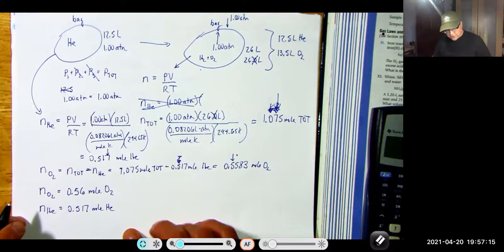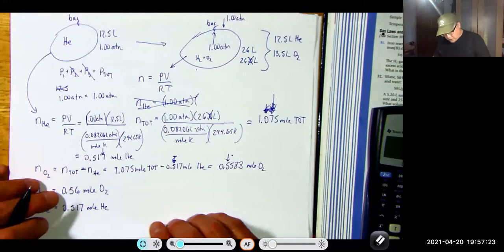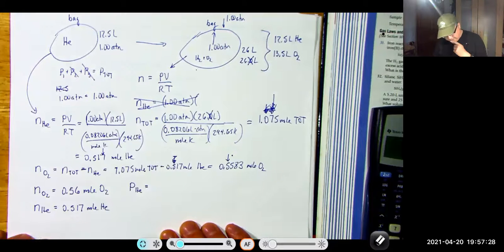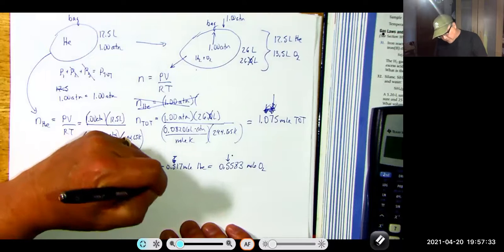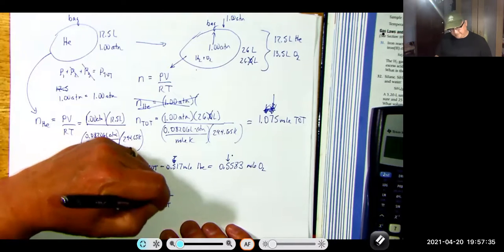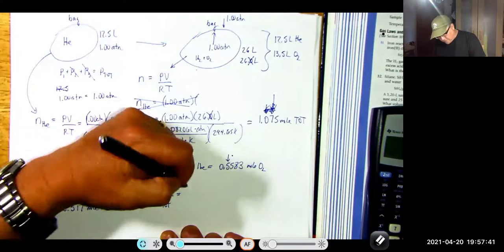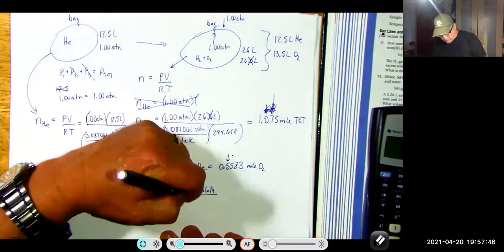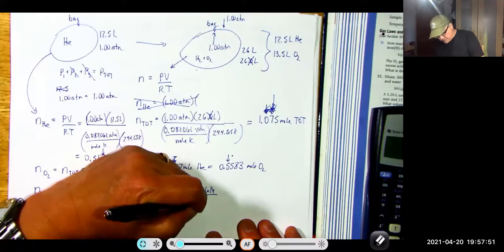All right. So for letter B, they ask, what is the final partial pressure of helium in the balloon? So the partial pressure of helium is going to be equal to the moles of helium over the moles total. And that's going to be 0.517 moles of helium over 1.075 moles total.